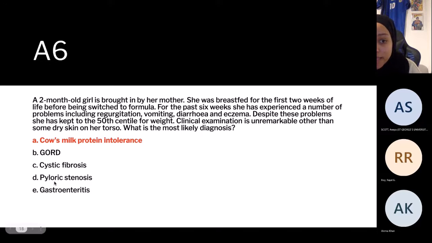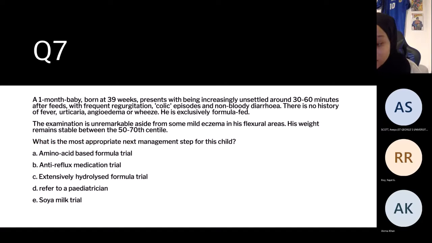It's less likely to be pyloric stenosis because the vomiting isn't projectile and it's coming with other features that aren't found in pyloric stenosis. It's less likely to be gastroenteritis as well because of how long it's been lasting for. So if we go on to the next question, I'll just open the poll, 1 second.